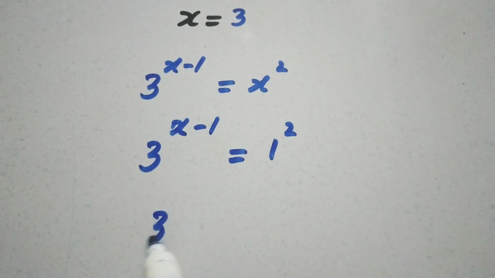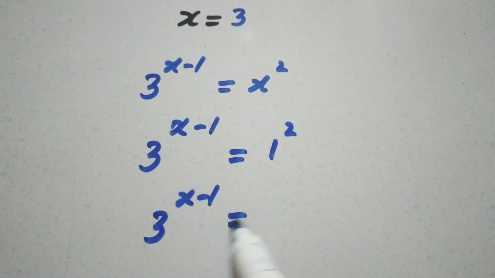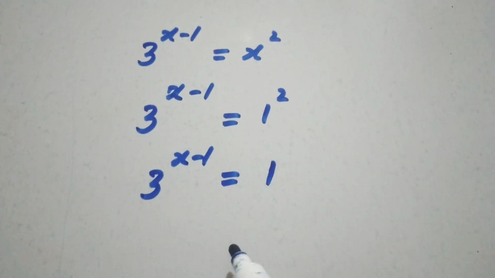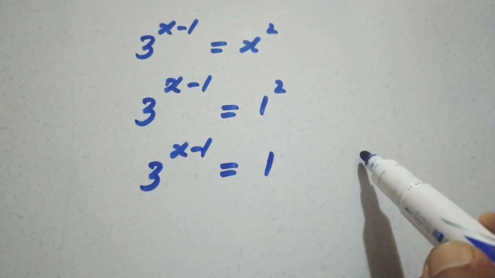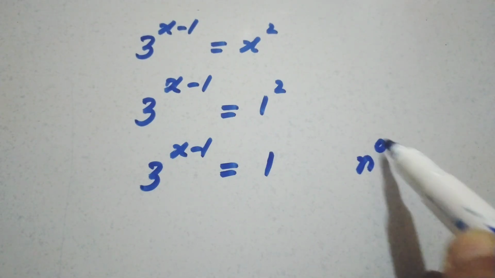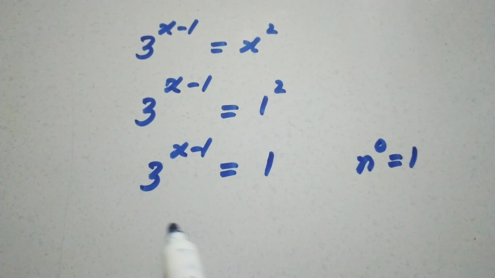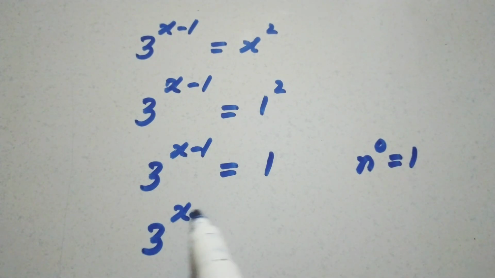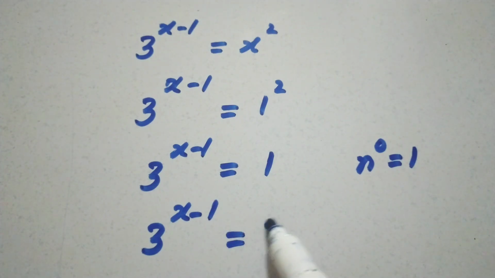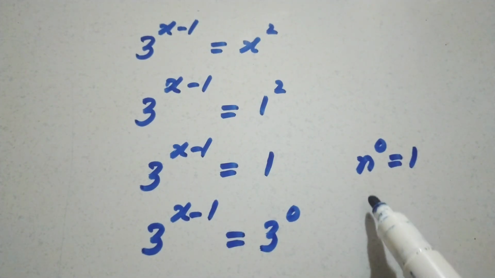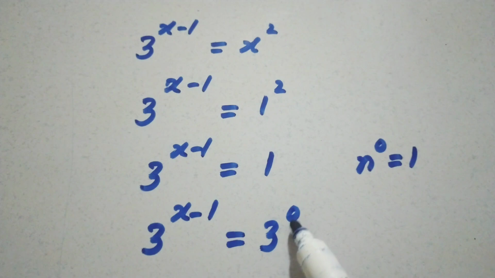So this will become 3 power x minus 1 is equal to 1 squared, which is 1. We can write this 1 as, because we know that any number to the power 0 is equal to 1, 3 power x minus 1 is equal to 3 power 0, because by this rule 3 power 0 is equal to 1.